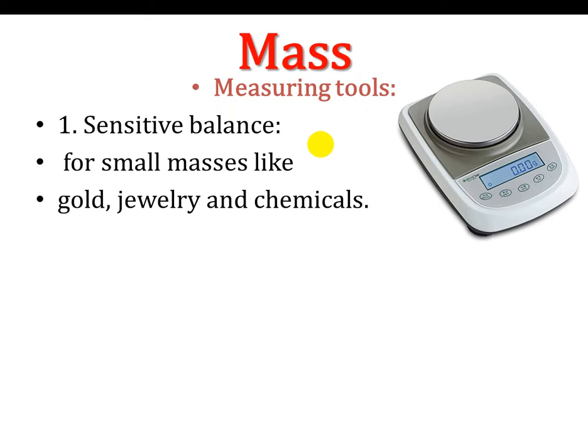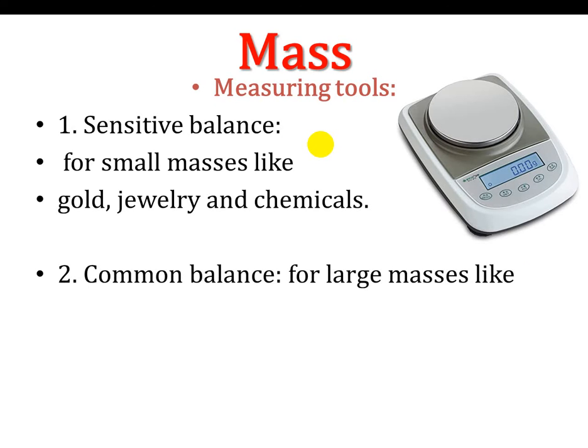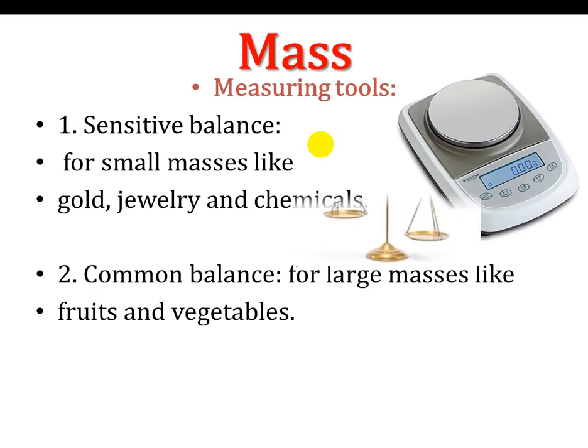They are very sensitive things that we need a sensitive balance to measure its mass. The other kind of the balance is called common balance. Common balance is used for the large masses, like fruits and vegetables.